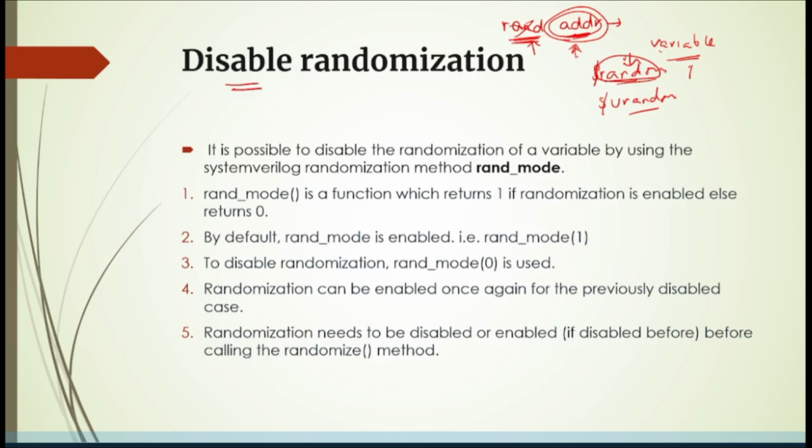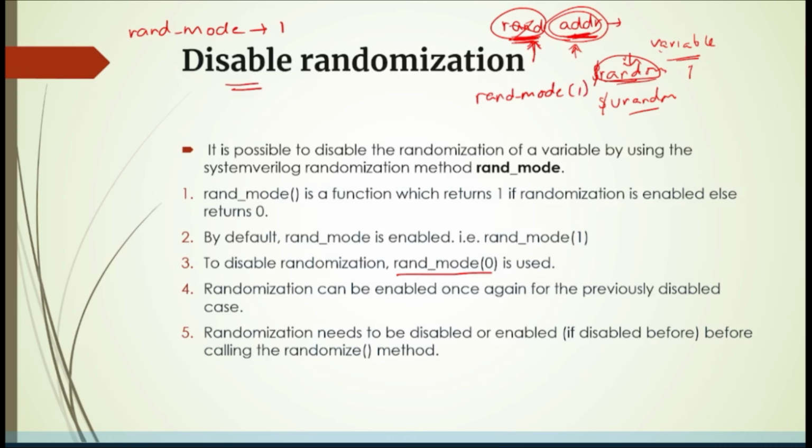How can you do that? You can do that by using the keyword rand_mode. By default, rand_mode will be 1 whenever you declare the rand keyword before the address. That means the mode of this particular randomization is 1 by default.